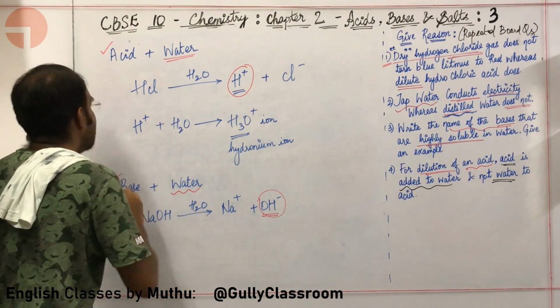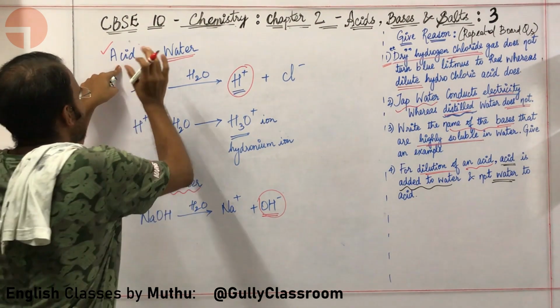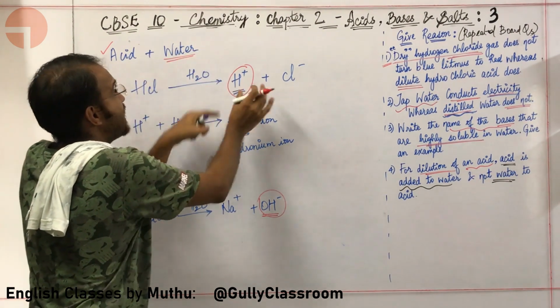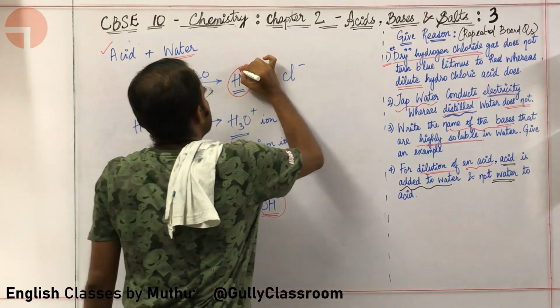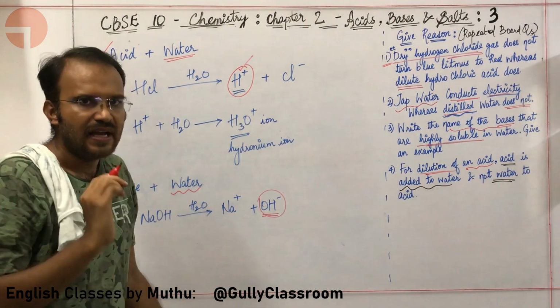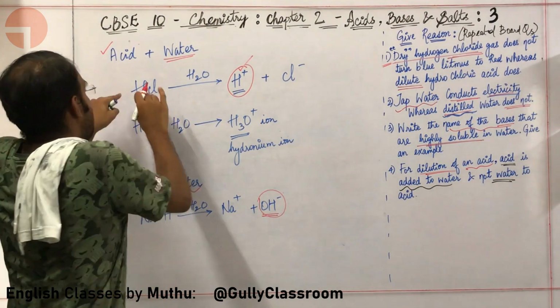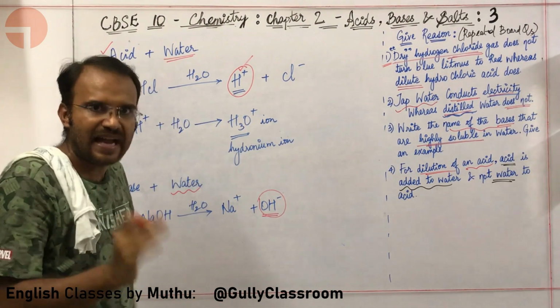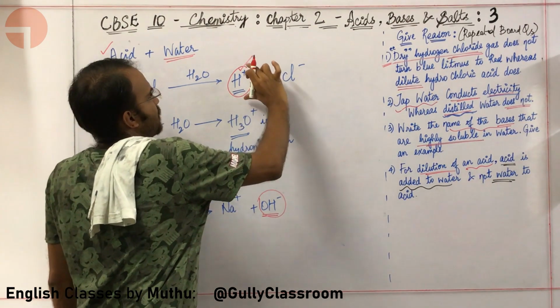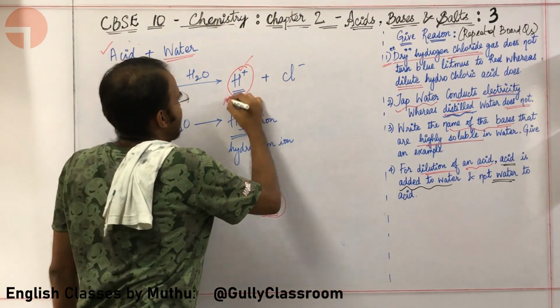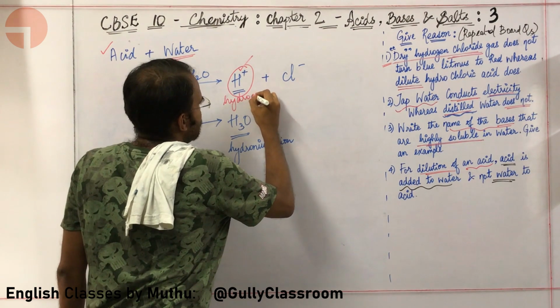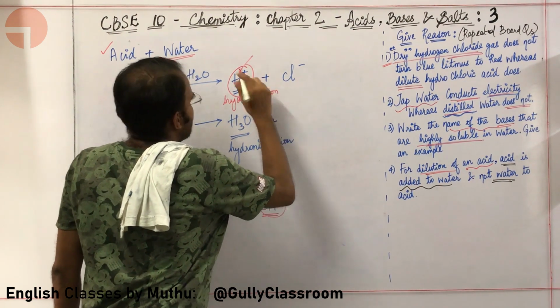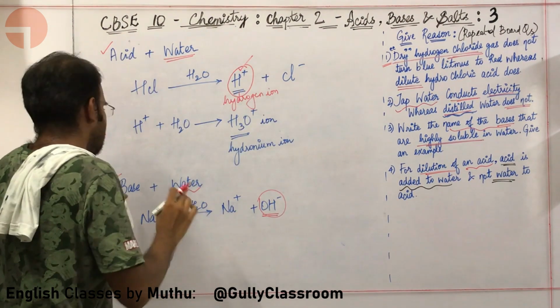Okay, now here this material is behaving as an acid because of the presence of H+ ions. Let me repeat myself. HCl is behaving as an acid. Why? Because of the presence of H+ ions, hydrogen ions, which are formed when you are dissolving HCl in water.